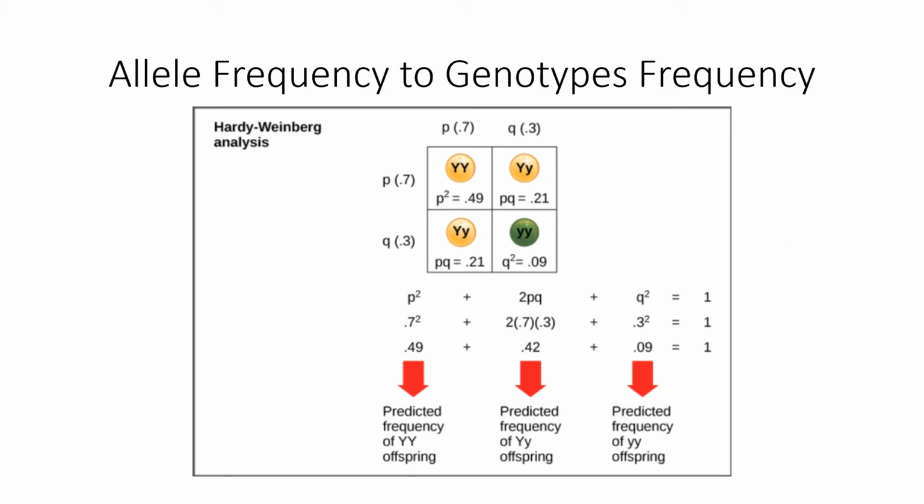P squared represents the homozygous dominant genotype, 2PQ represents the heterozygous genotype, and Q squared represents the homozygous recessive genotype.